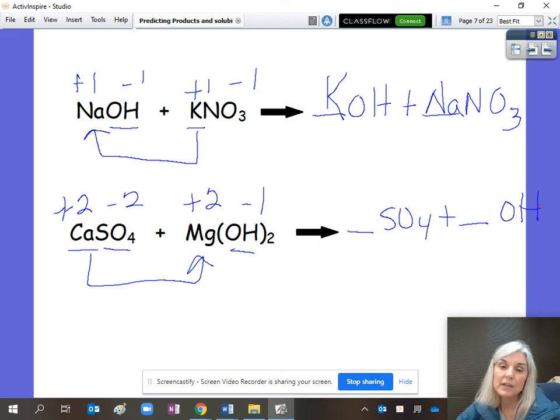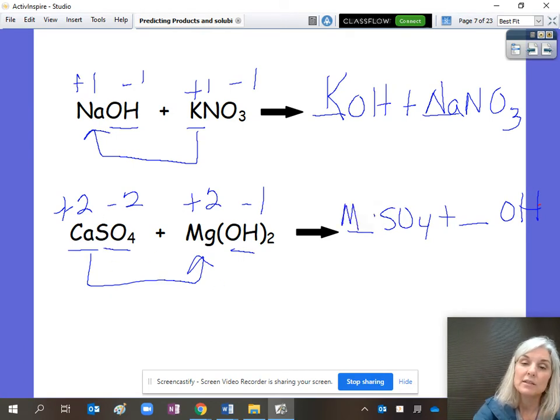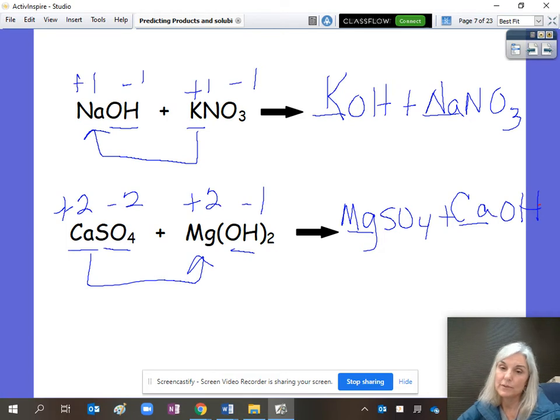So what I'm doing is I'm just rewriting the negative side because I'm going to put the new positive. So we're going to swap. The Mg now is where the Ca was. So we put MgSO4, and now the Ca is with the OH.